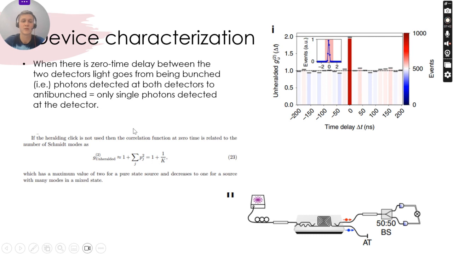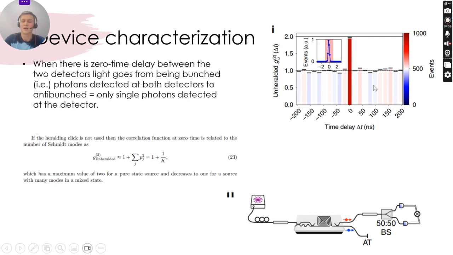Although with the heralded G2, you'd expect a value of 0 to indicate anti-bunching, with unheralded G2, you actually expect a value of 2 to indicate anti-bunching or single photons.